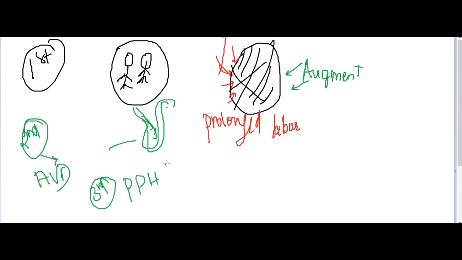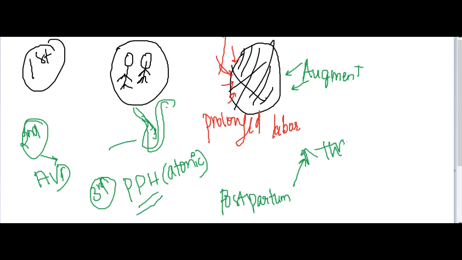Most commonly, atonic postpartum hemorrhage, because the distended uterus is really difficult to contract, with inadequate uterine contractions. And in the postpartum period, there is an increased risk of thromboembolism.